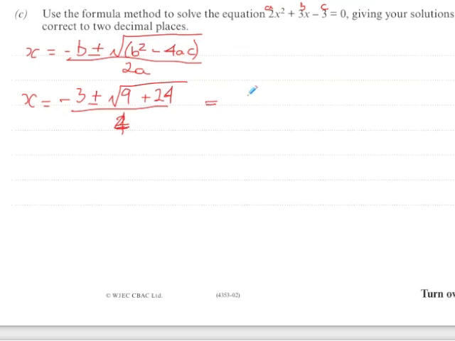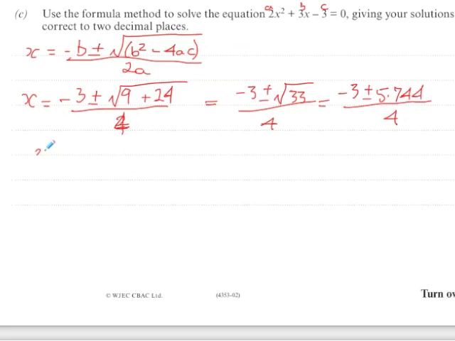That equals minus 3 plus or minus the square root of 33 all over 4, and that is equal to minus 3 plus or minus 5.744 all over 4.